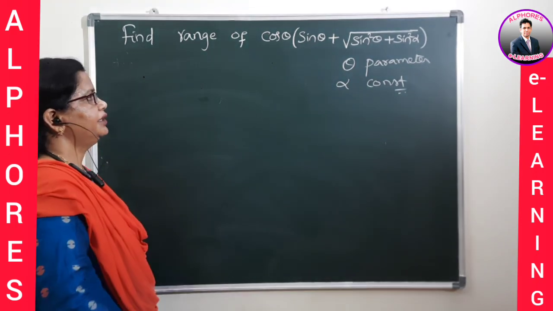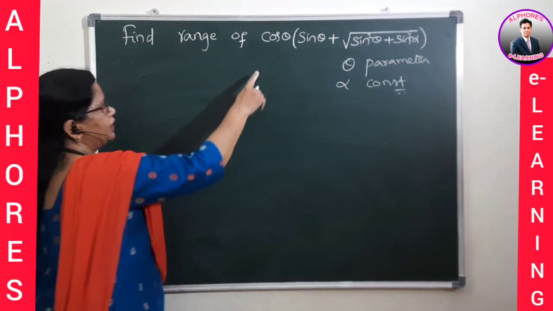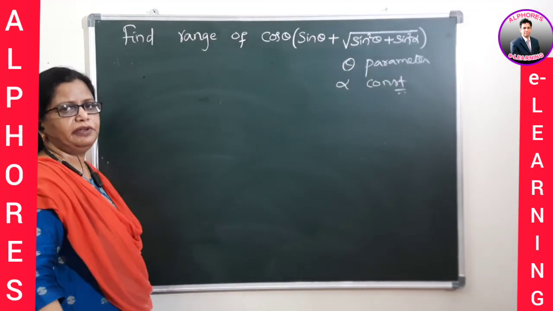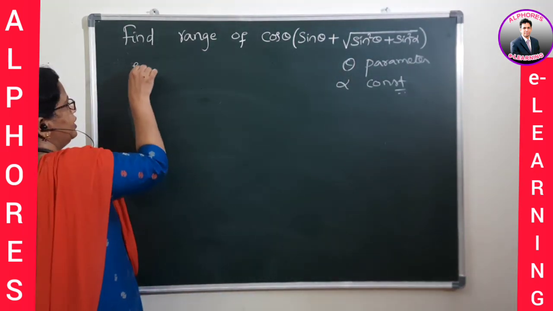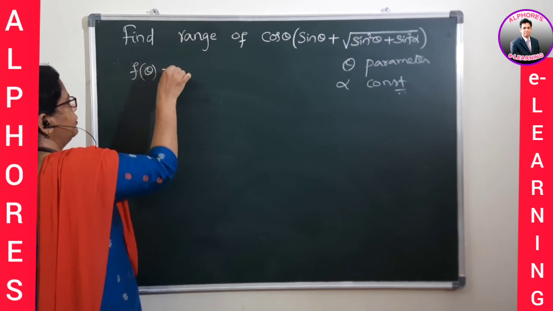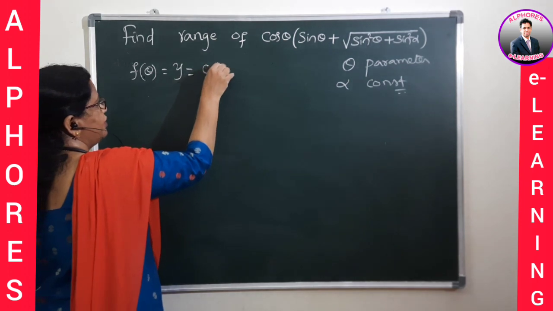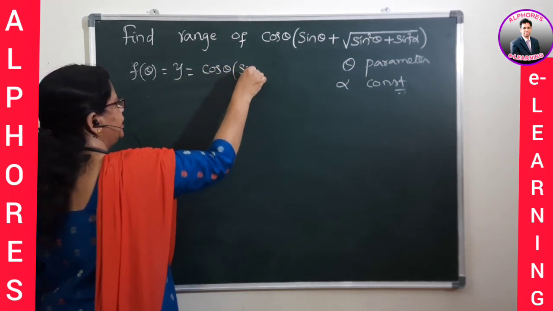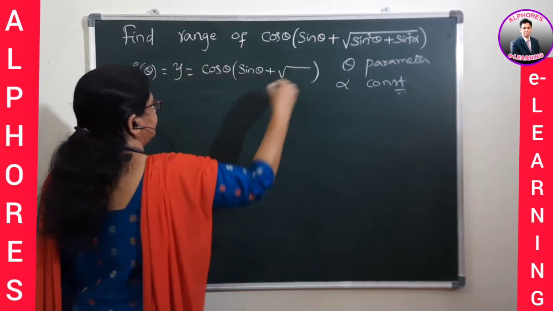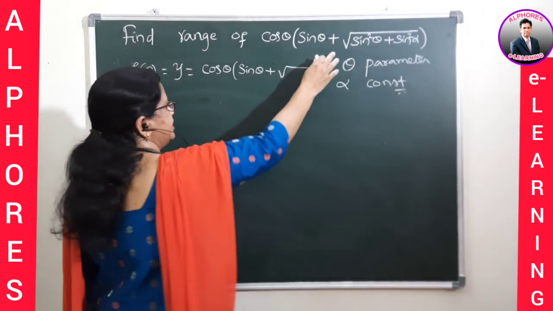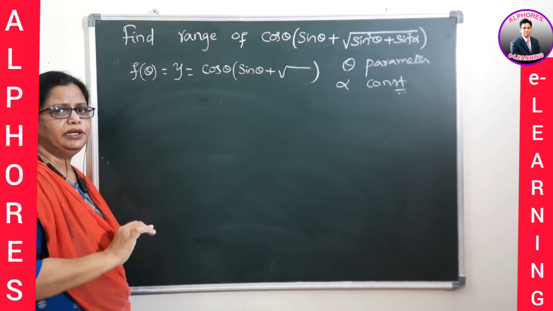Now whenever they ask this problem, students, first of all this is entirely in terms of theta because theta is our variable. So let us take this entire expression as f of theta, that is y equal to cos theta into sin theta plus under root of this entire thing. As the square root is there, first of all we have to eliminate the square root.